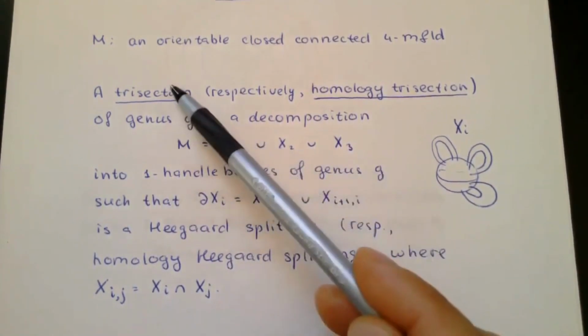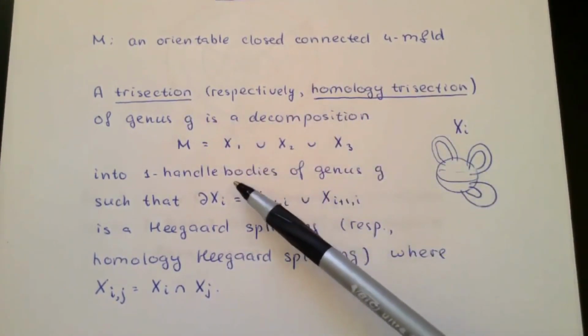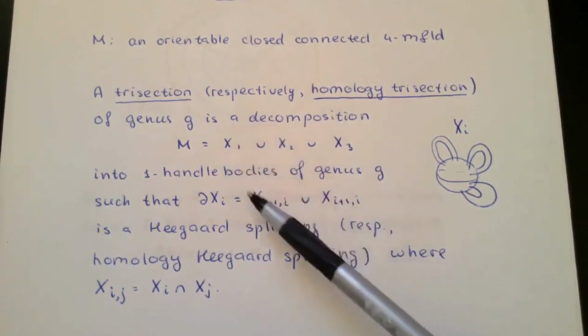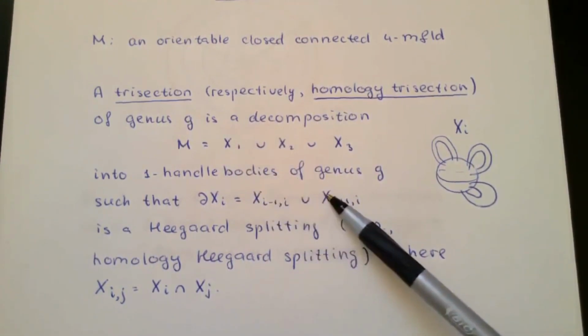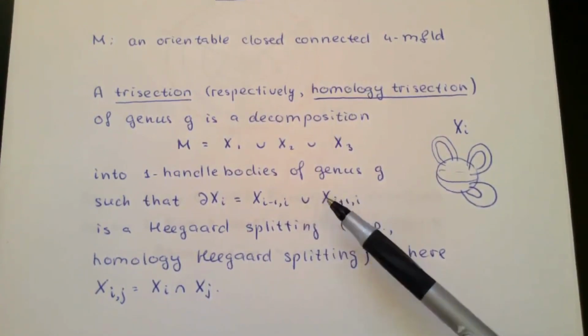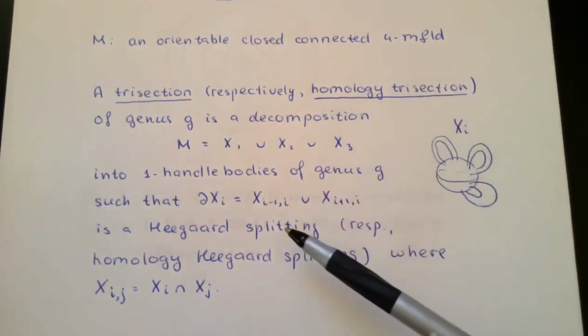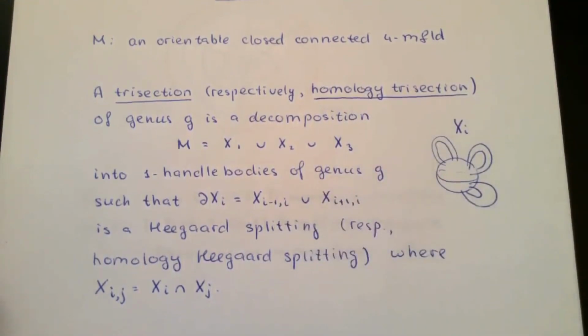However, trisections and homology trisections differ in that when we take the boundary of X_i, we get a decomposition, a splitting, and in one case, the splitting is a Heegaard splitting, and in the case of a homology trisection, we have a homology Heegaard splitting.